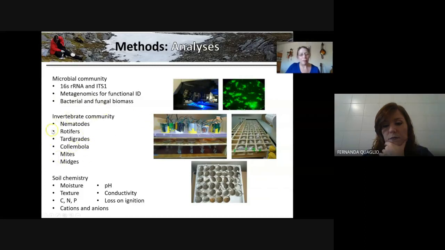We looked at the invertebrate community, so nematodes, rotifers, and tardigrades. We sampled using kind of a modified Baermann funnel technique that was stable for life on a research vessel. And the Collembola, mites, and midges, we sampled using a similarly modified Tullgren extractor.